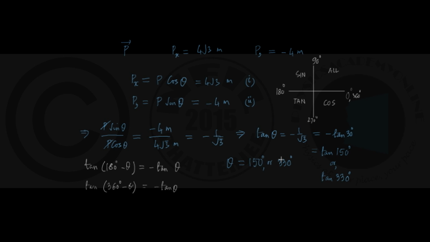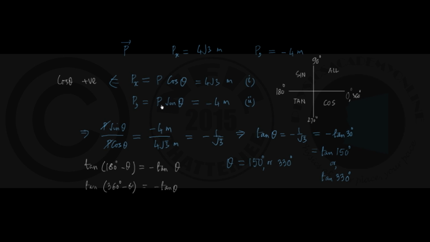Both are possible. To get to that result, we just get back to equations 1 and 2 earlier. Since the value of P is only positive, it has been found to be 8 meters earlier. While Px is 4√3 meter, it points that cos theta in this case is positive. Because Px is positive 4√3 meters, P is 8 meters positive, so cos has to be positive.